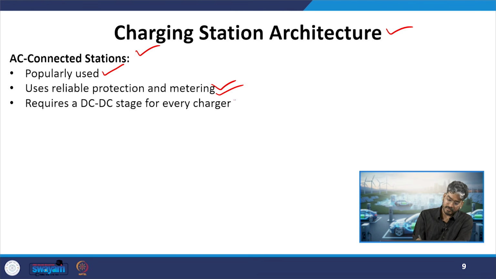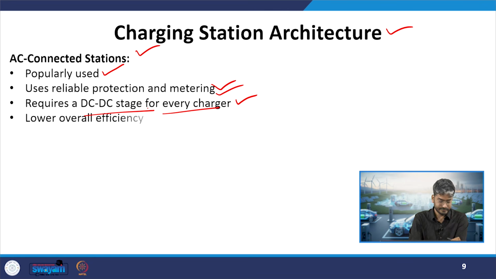What is the limitation of this one? As we know, the EV has a battery which is a DC source. So, we will require a DC to DC converter at every charging point. For every charger we will have this DC to DC conversion stage requirement. Now, lower overall efficiency. Whenever I have AC, first I have to convert it with an AC to DC stage, and after that this DC converter.